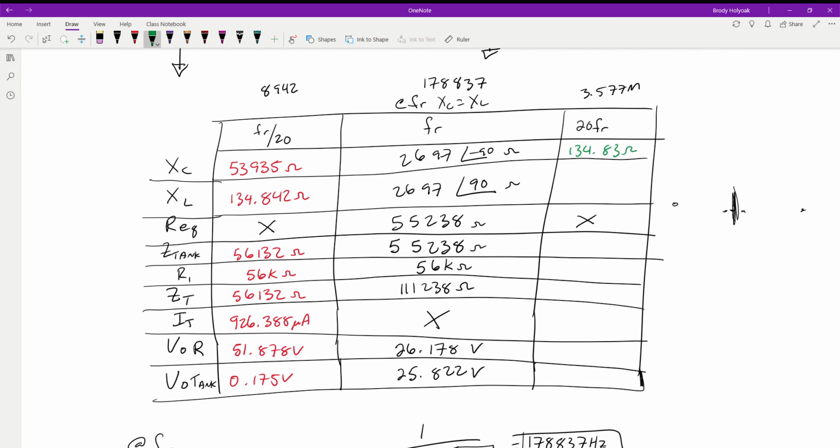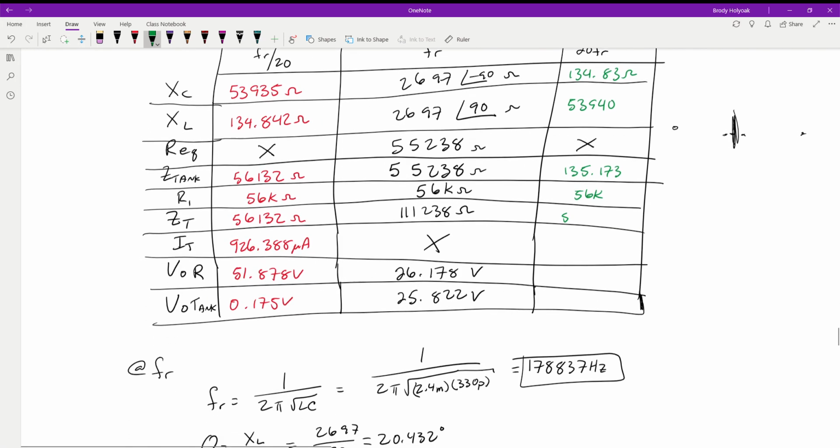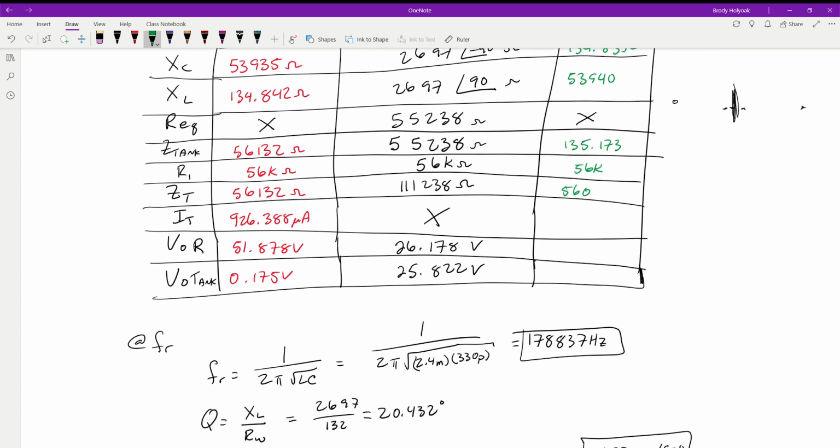The reactance of the inductor ended up being 53,940. The impedance of the tank was 135.173. R1 stayed the same at 56K because it's not affected by frequency. The impedance total came up to be 56,000.